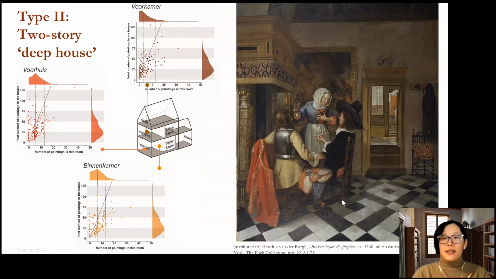For instance, in this beautiful genre piece attributed to Hendrik van der Burch at the Frick Collection, a household uses their Binnenkammer behind the street-facing Voorhuis as a reception place where this drinking party next to a fireplace was hosted.